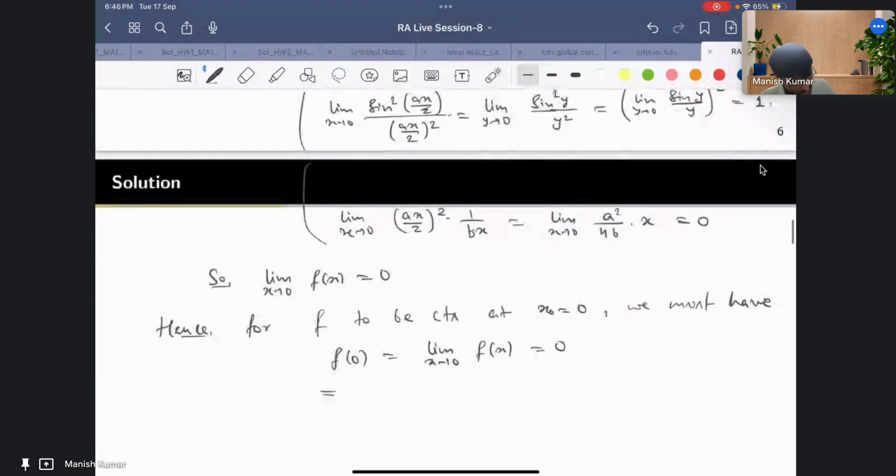So this implies that c has to be 0. This is the answer: if we put c equal to 0, then the function will be continuous at 0. If I put some non-zero c, then the function will be discontinuous at x equal to 0. Is this clear?